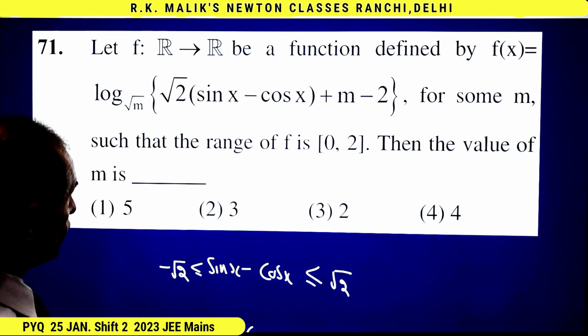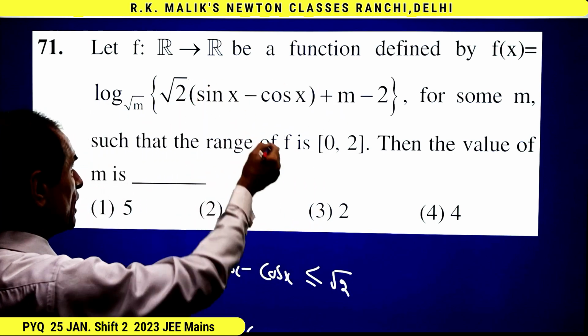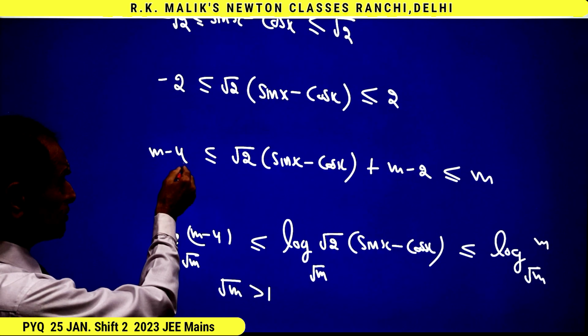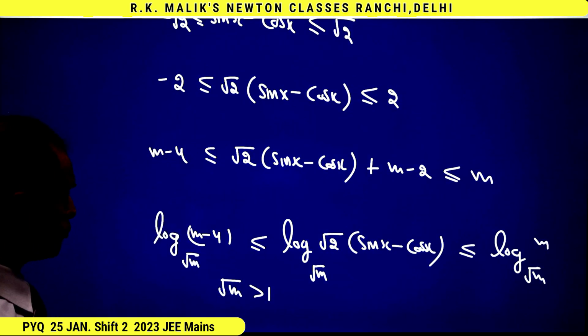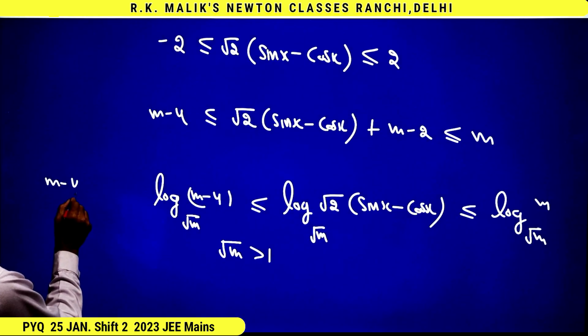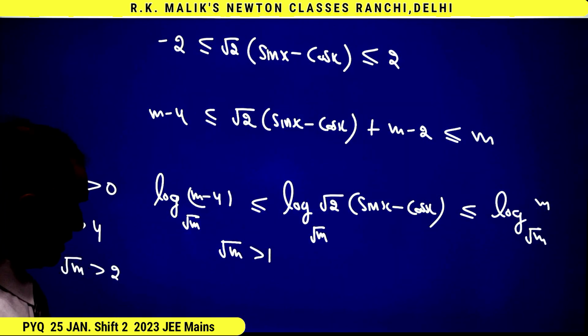Hence, the value of m must be such that this is positive for every value of x. And because this is the least value of this, hence m minus 4 should also be positive for every value of x. And because I'm saying m minus 4 is greater than 0 for every value of x, means m is sure to be greater than 4. That is, root m is greater than 2. Hence, this condition is satisfied.